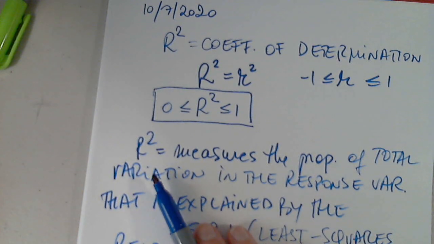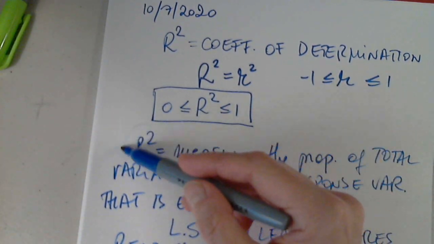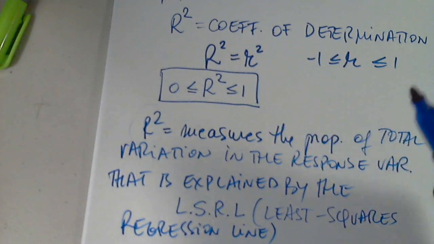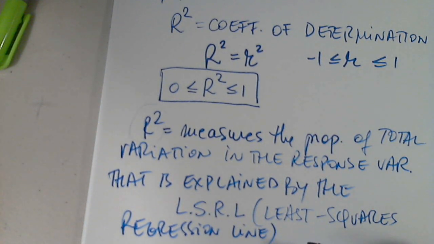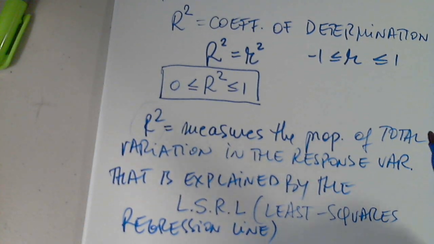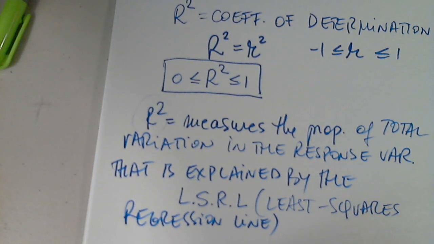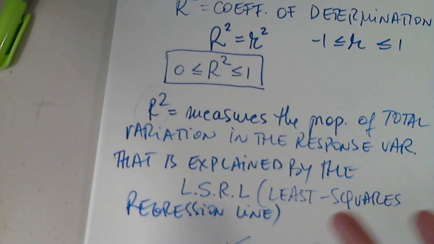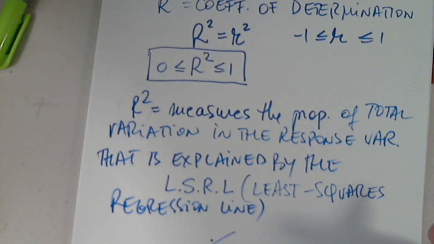It tells us, the higher r squared, the better the model is. The error is explained. If the deviations, or the errors, are small, close to the regression line, r squared will be higher, and the better the model will represent the data set.